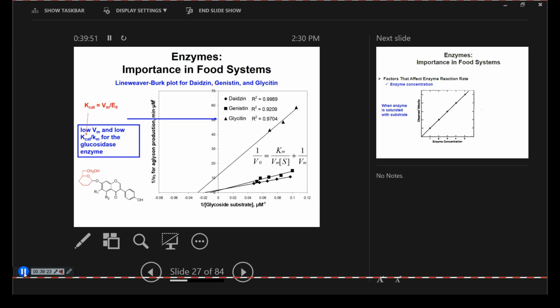The higher the rate per a set amount of enzyme means higher catalytic efficiency. But when we have high Km and low Vmax, that means the catalytic efficiency is low, for the glucosidase enzyme that breaks this and makes that available or bioavailable for absorption.